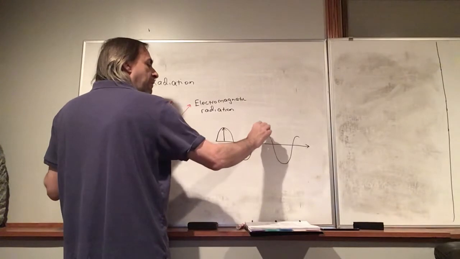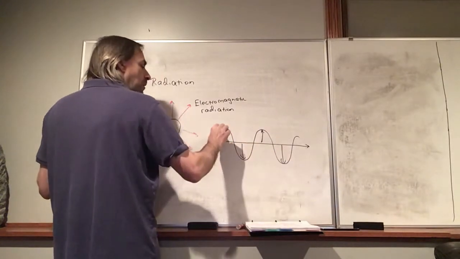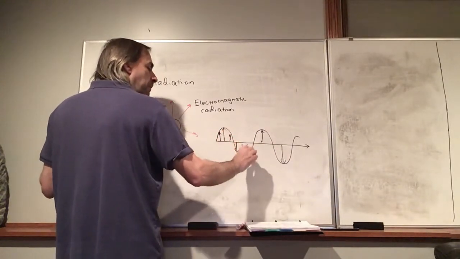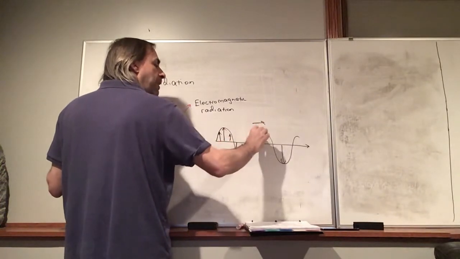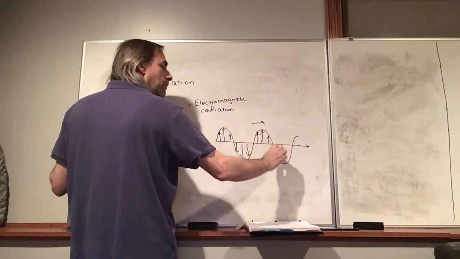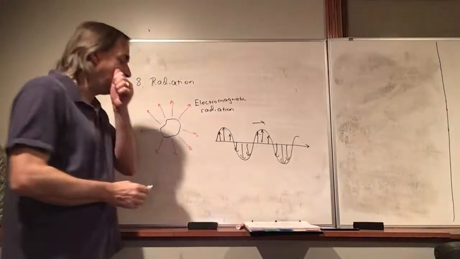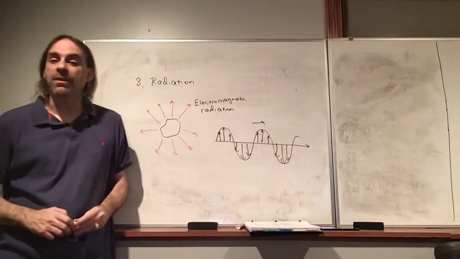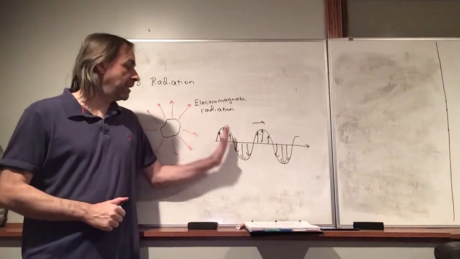So we have an electric field that looks like this, and the whole wave is moving to the right. Just like one ray of light. Again, this is the electric field.